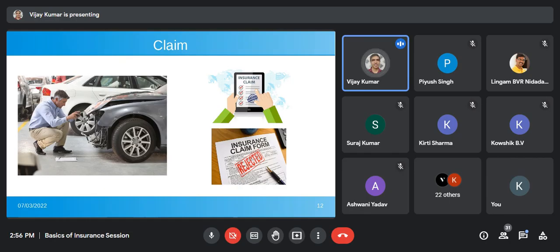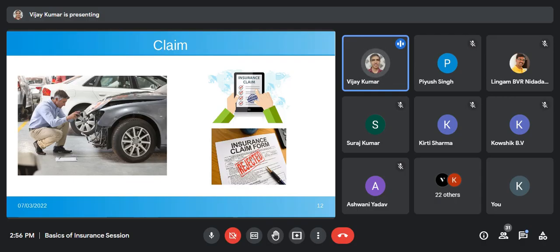So suppose like in crime world, when some crime happens, you approach a police station and you file an FIR, right? That FIR is nothing but the first investigation report. And similarly, in claim world, whenever some mishappening happens, we file FNOL, first notice of loss.